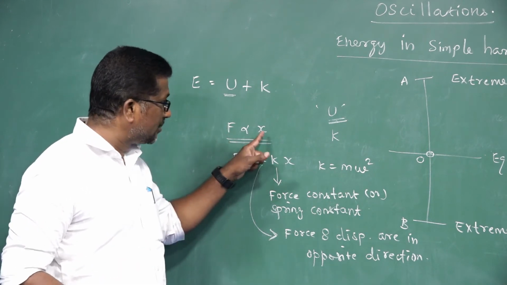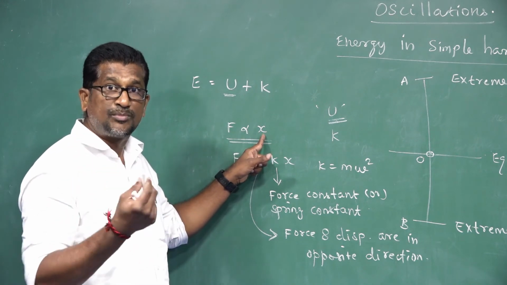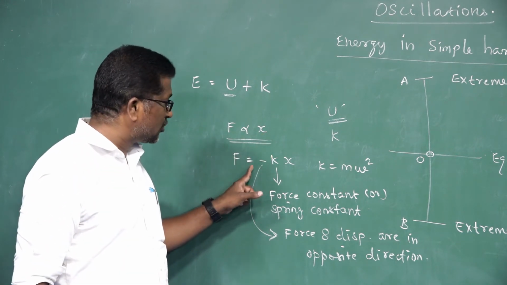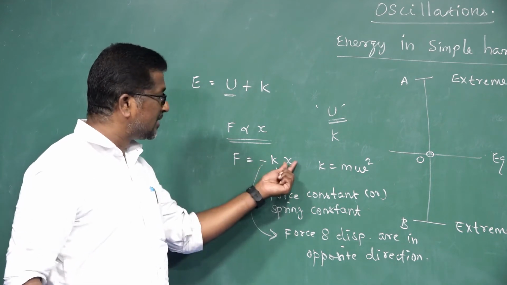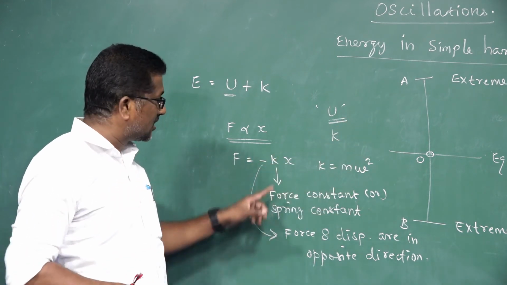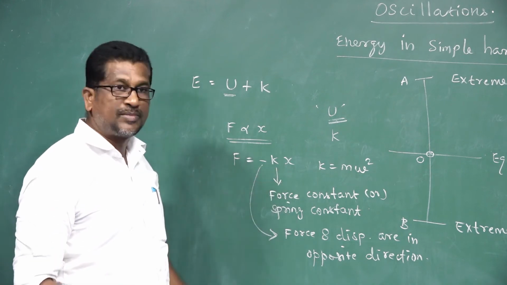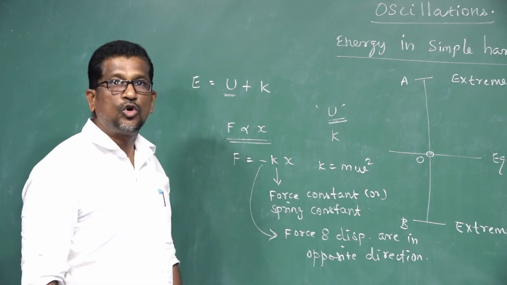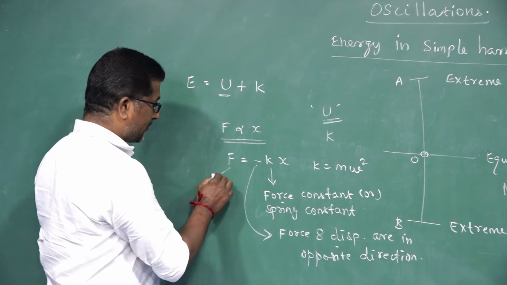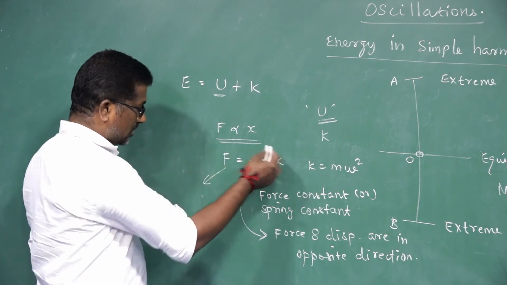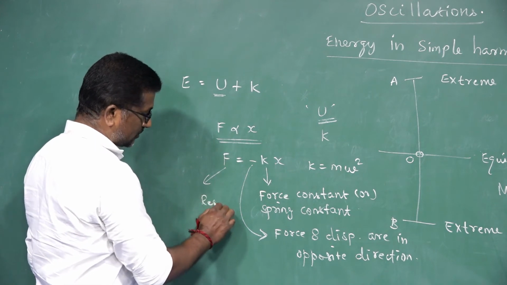So F is directly proportional to x from the definition of simple harmonic motion. Therefore, F is equal to minus k into x, where k is the force constant or spring constant, given by k equal to m omega square. Here F is the spring force or restoring force.